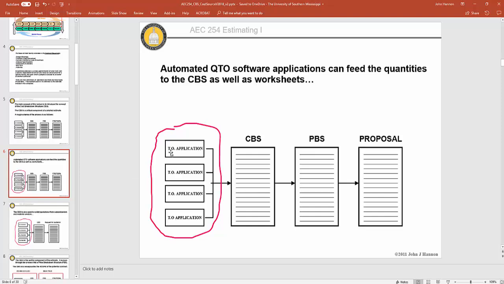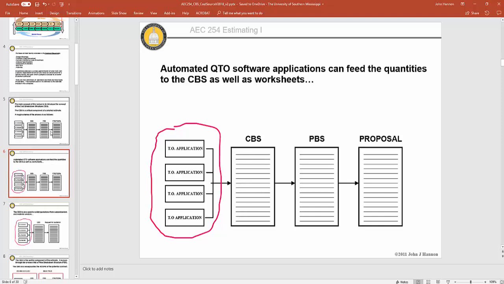There are also specific software applications that do quantity takeoff, and we'll try out one of those. On-Screen Takeoff, Bluebeam, we'll get a little bit of experience using one of those to get our quantities for the CBS.